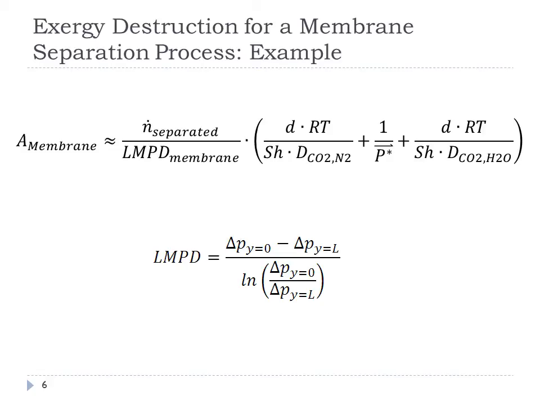Now I want to point out, just as we did for heat exchangers, you can calculate the area of the membrane. This is the amount of membrane area that you need to get a certain n dot separated, so a certain flow rate of CO2 separated.